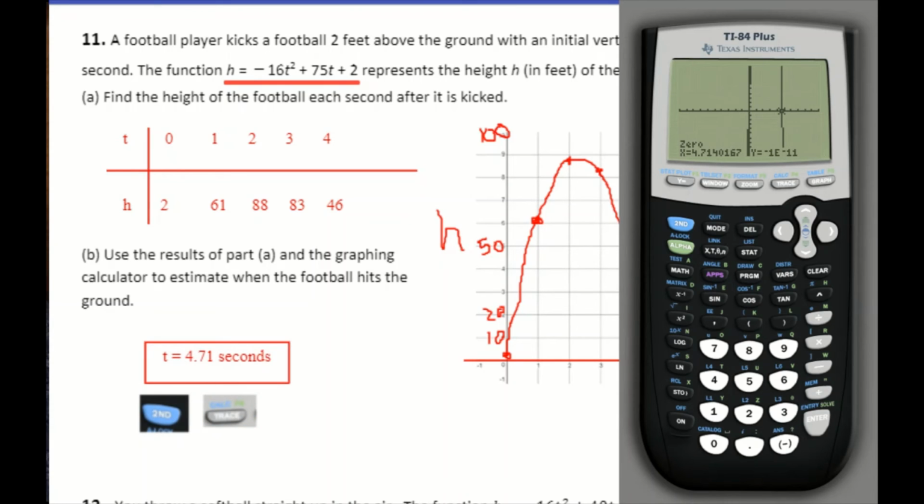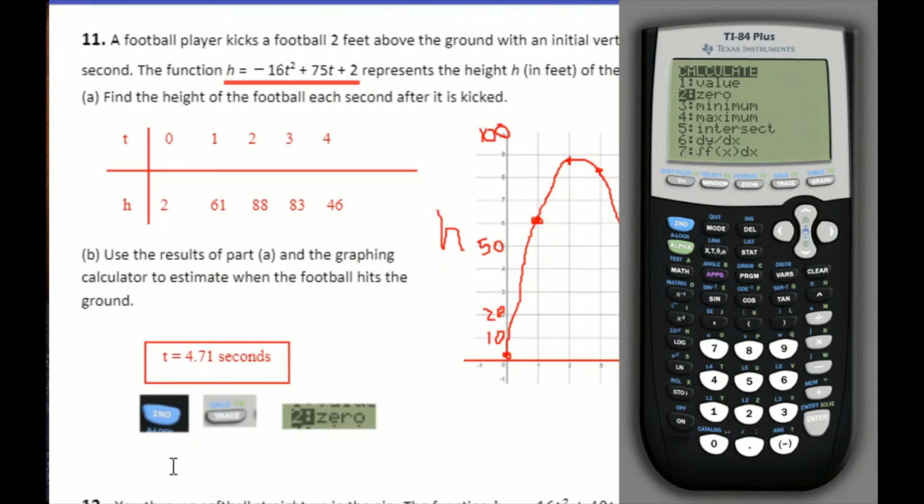Okay, so second calc, then you're going to go to 0 is going to be the next thing. And then you pick 3 numbers, okay?